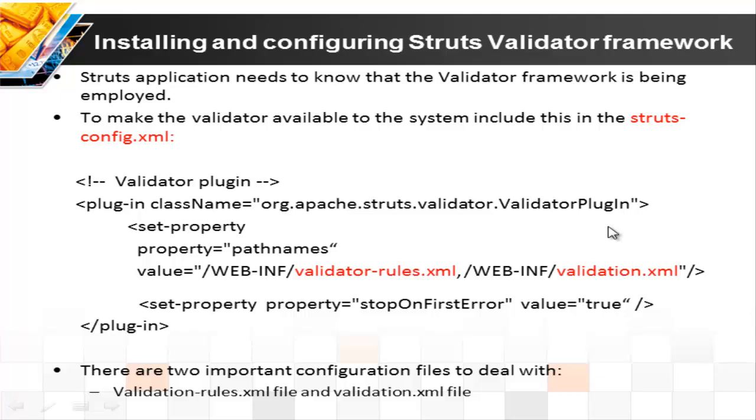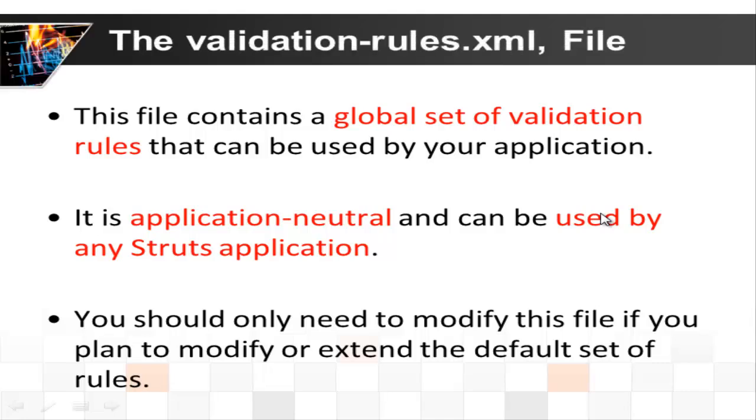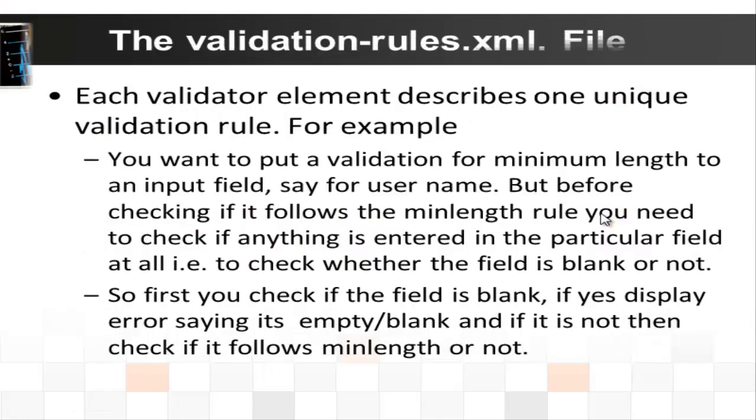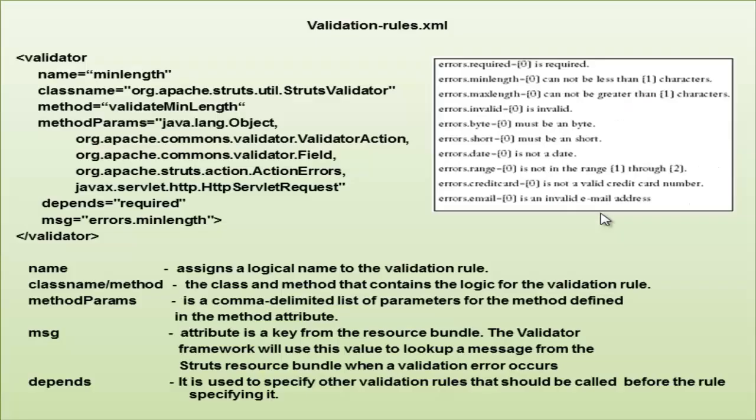There are 2 files. One is the rules, XML rules. Before you use the plugin, you have to specify the plugin here, and in the struts config, say that you are going to use the validator plugin. Then the next part is you have to specify the rules. You don't have to do it, it's already created by them.